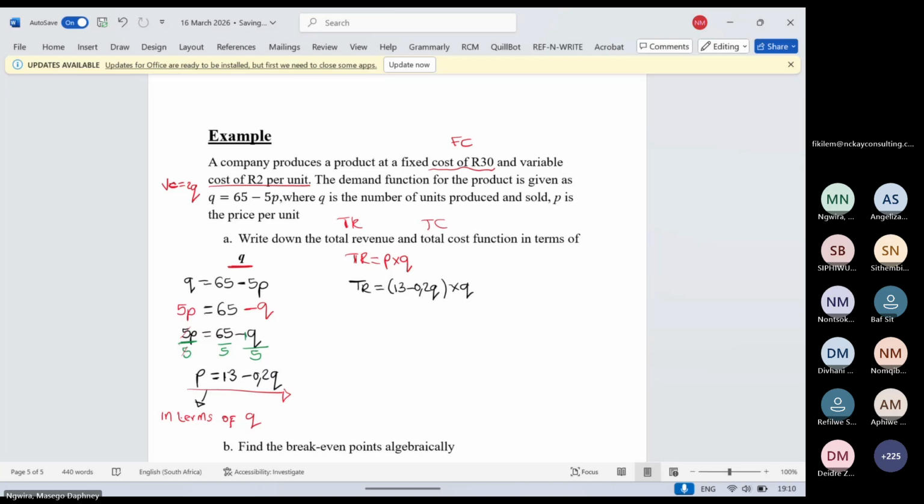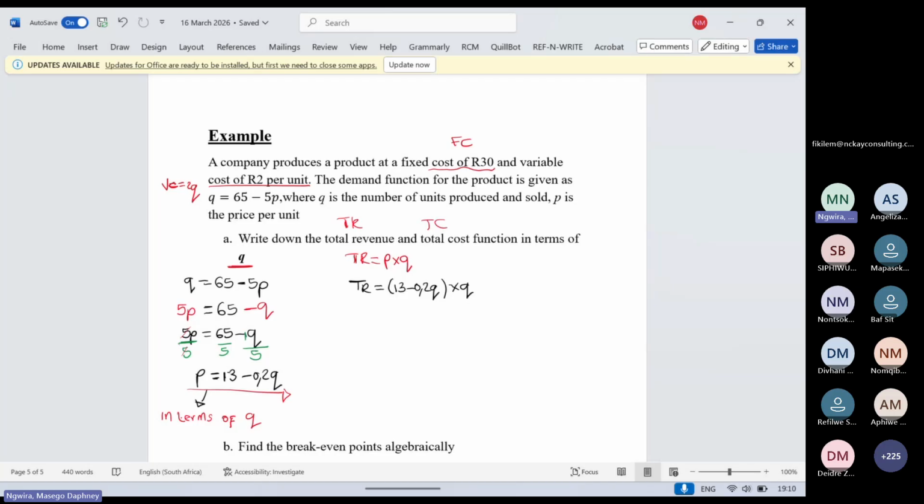Can you explain again when they say in terms of Q, because I thought our demand function is already in terms of Q? No, it's not in terms of Q. When we say in terms of Q, we mean that Q must be independent.